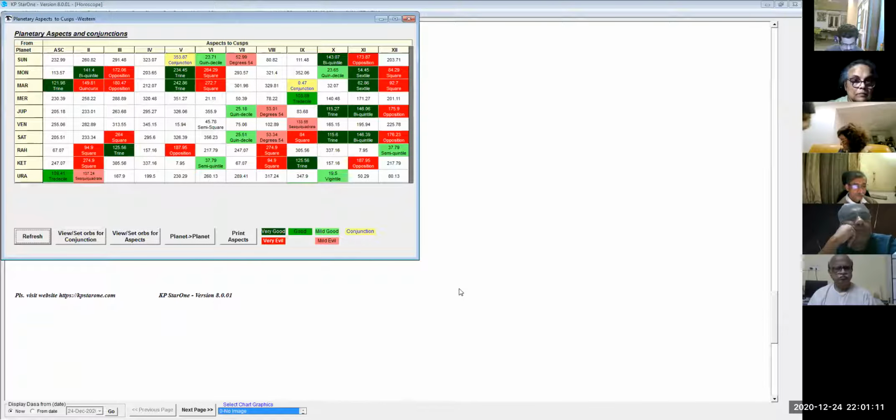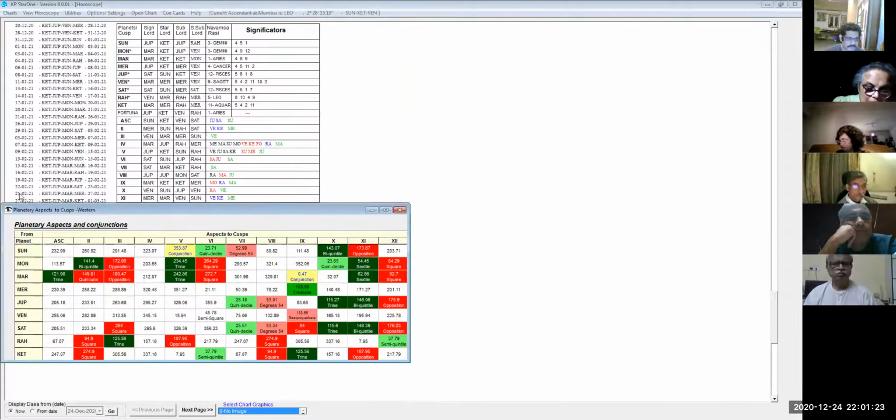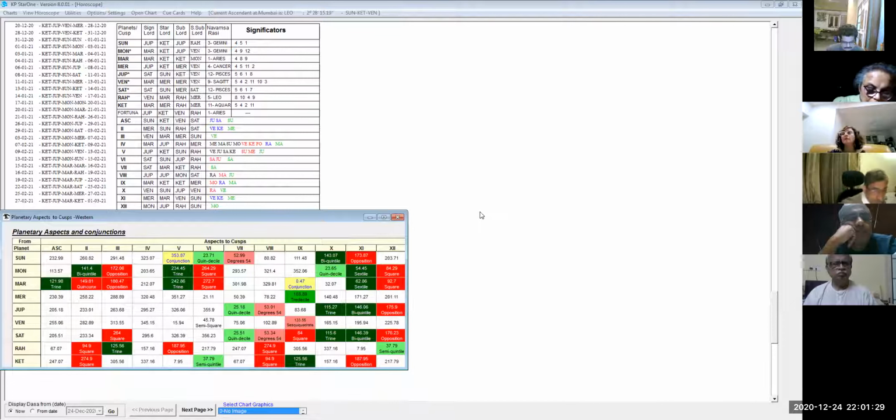So VWC gets you your cusp chart. Then I move it all the way here. I move it all the way here. Then I move it here so that the left of this sun thing and the Vimshottari Dasha comes in a line over here. Okay. So the shortcut was Alt VWC.